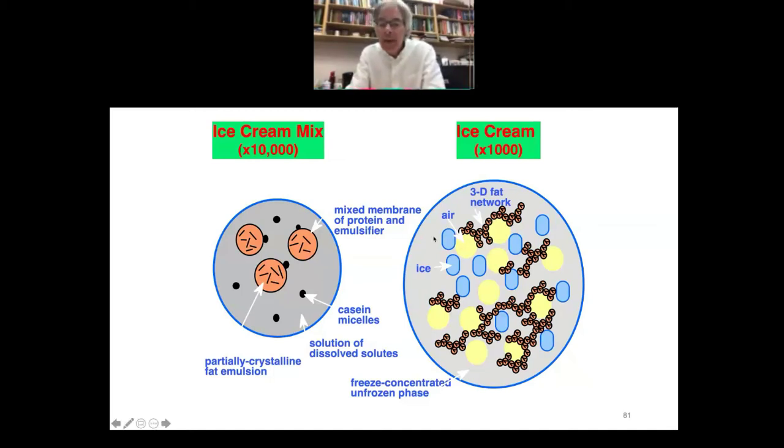Now, the whipping has the added complexity of freezing at the same time. So we're whipping air into the system as we did with whipped cream, but we're also taking away solvent out of the system by freezing it, and that is concentrating the fat in the unfrozen phase. So the 3D fat network that forms is forming as a result now of really three factors.